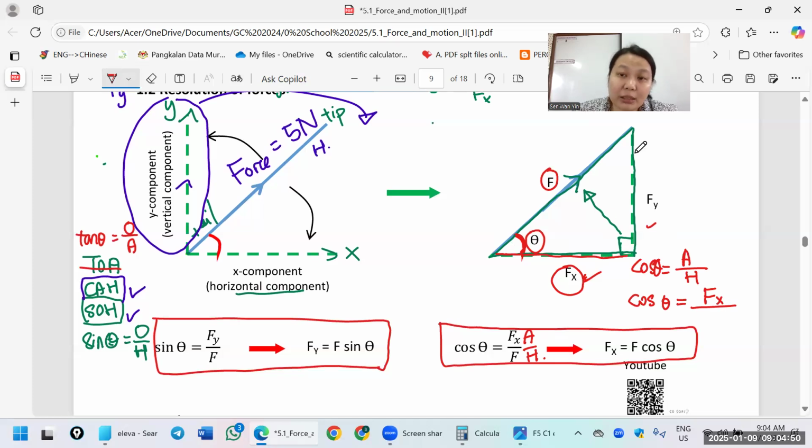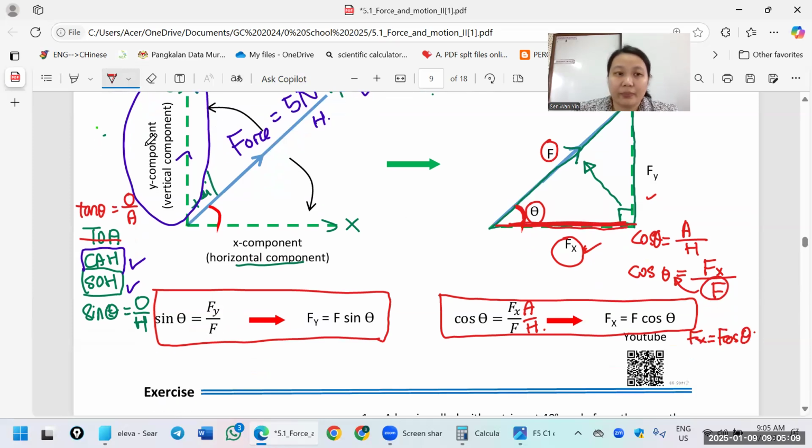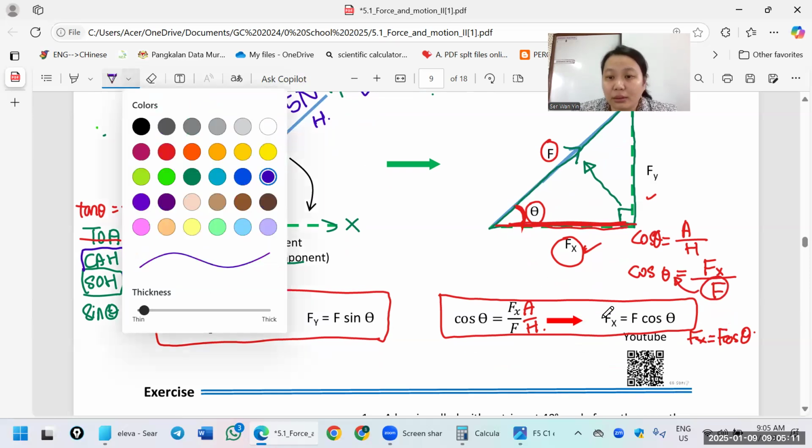The hypotenuse would be F. Then if we want to find Fx, we just cross multiply, so Fx equals F cos theta.